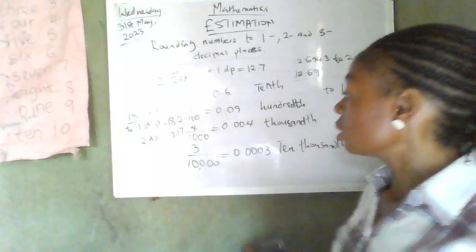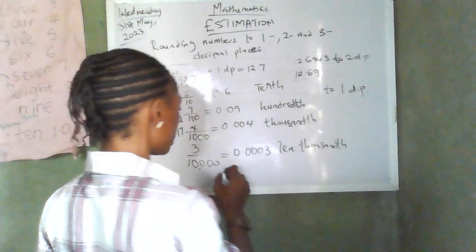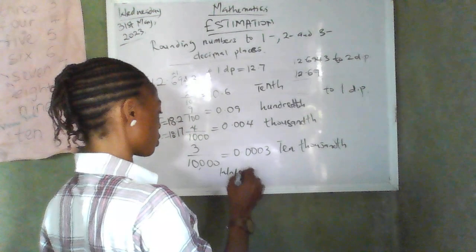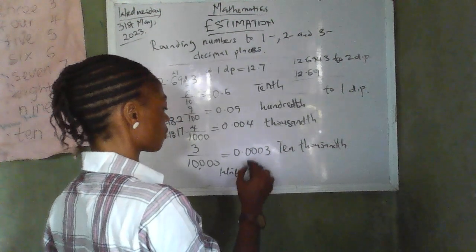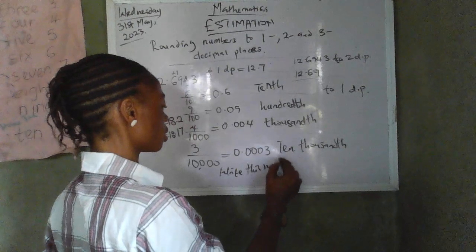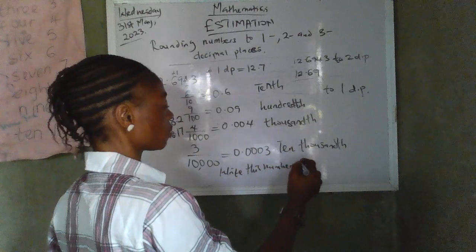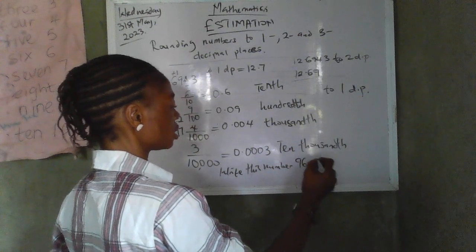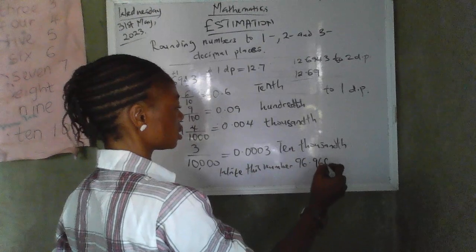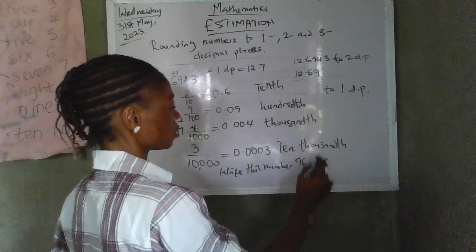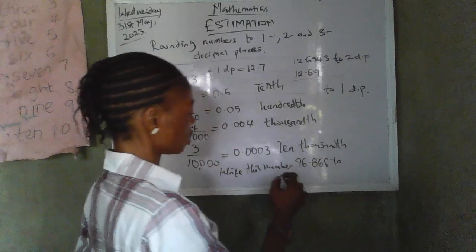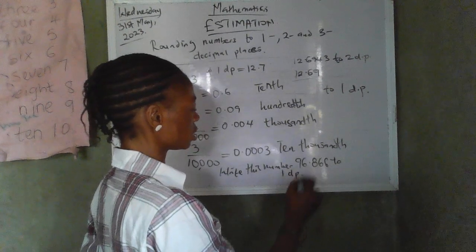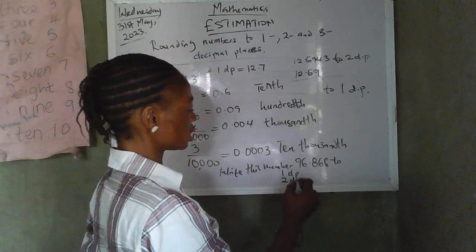At home, complete this number: 96.866 to 1 decimal place and 2 decimal places.